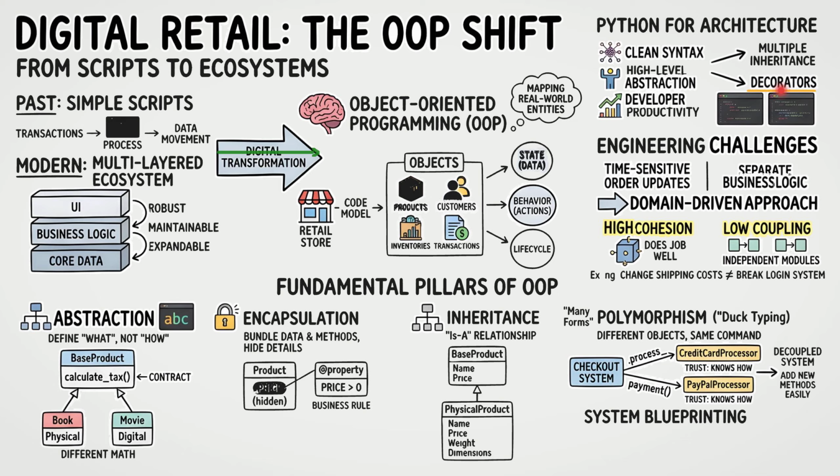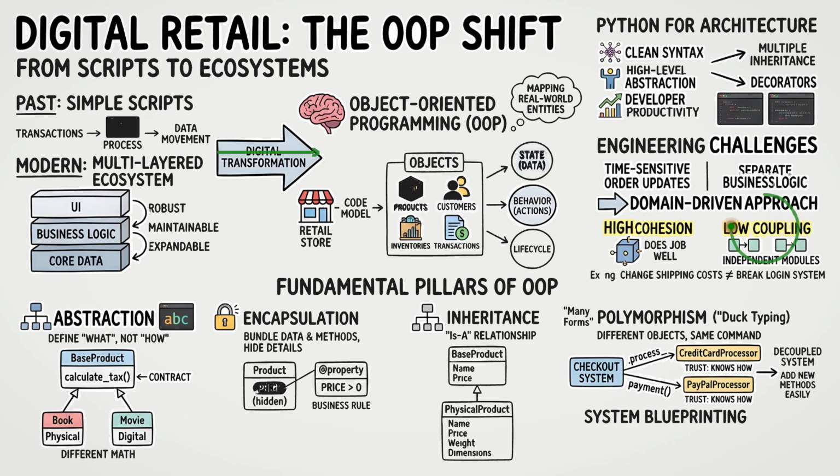Of course, building this involves tackling major engineering challenges like managing time-sensitive order updates while keeping the business logic safely separated from raw data. To handle this, we utilize a domain-driven approach. Our goal here is twofold. First, we want high cohesion, which means a specific module does its one job exceptionally well.